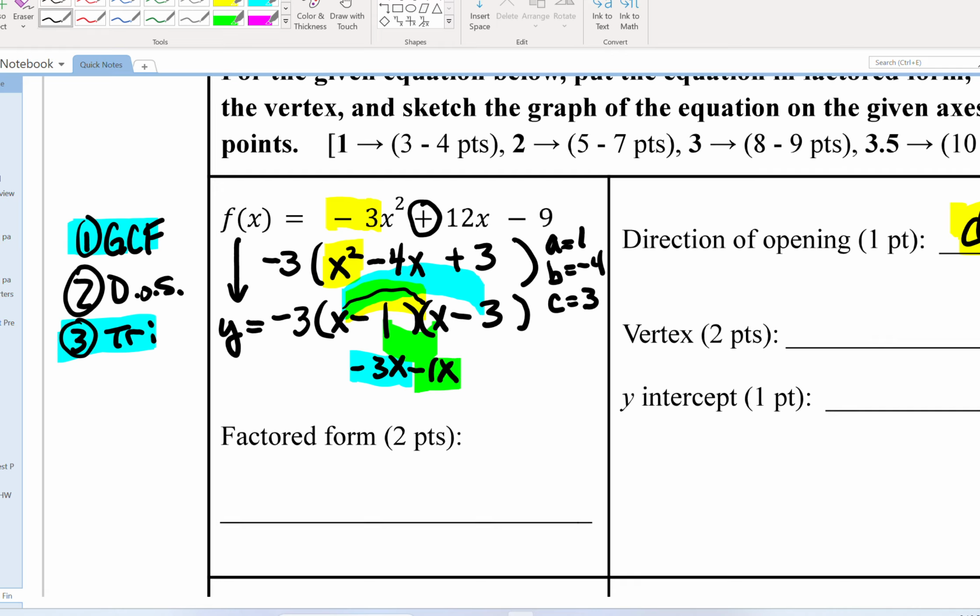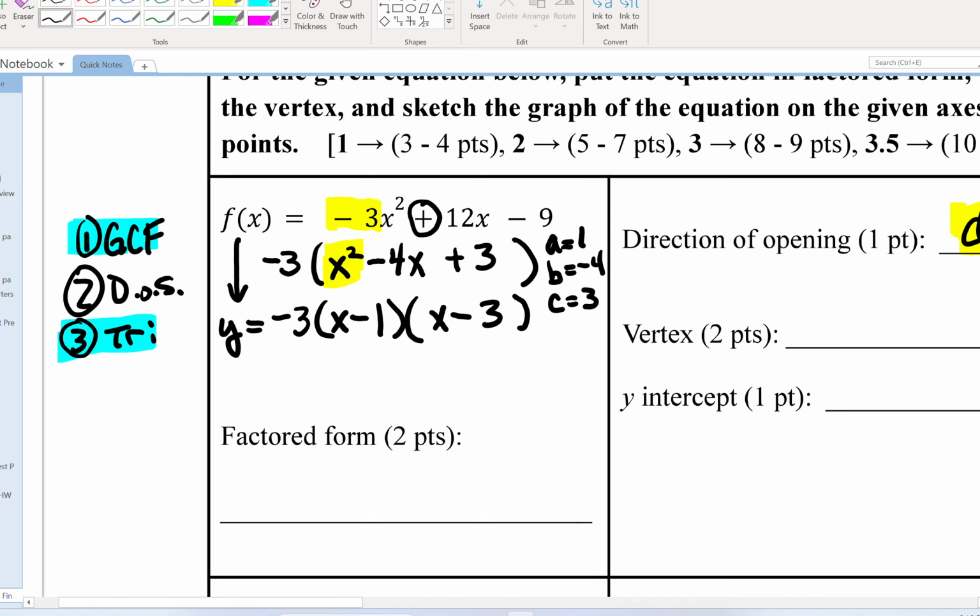And finally, -1 times -3 would give me a positive 3. These two combine to give me that negative 4x, and then the 3 is there. So this is factored correctly.